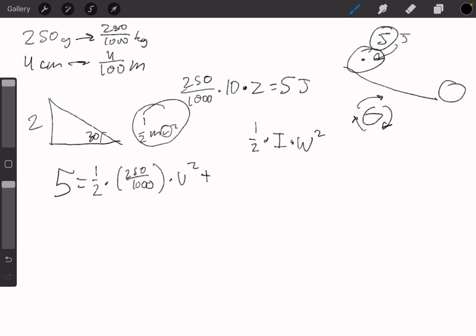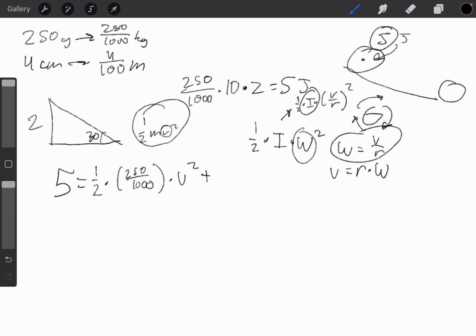We can interpret W as V over R, because the translational velocity is equal to the radius times the angular velocity. So we can rewrite it: now this formula becomes 1/2 times I times (V over R) squared. And we can easily solve for I because we have the mass of the object and the radius.